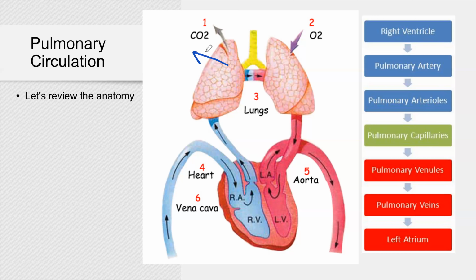This is where you get rid of carbon dioxide, you pick up oxygen, and you start your way back to the heart. You will start with pulmonary venules, then pulmonary veins, and then left atrium.